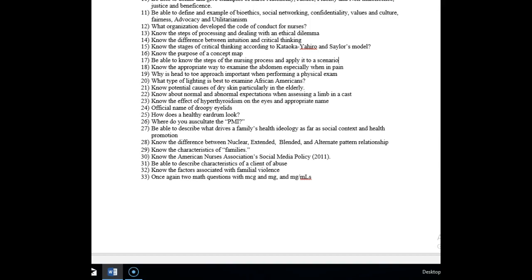Remember I told you, but I know it if I need to use it. So know that the PMI stands for point of maximal impulse, and is palpable at the fifth intercostal space at the left mid-clavicular line in adults. Okay.